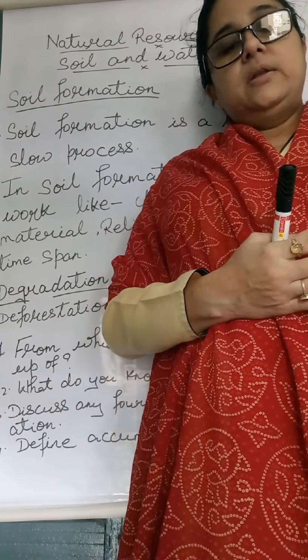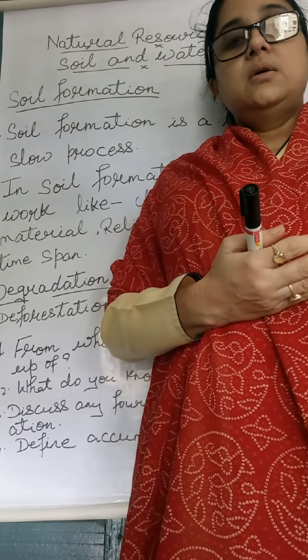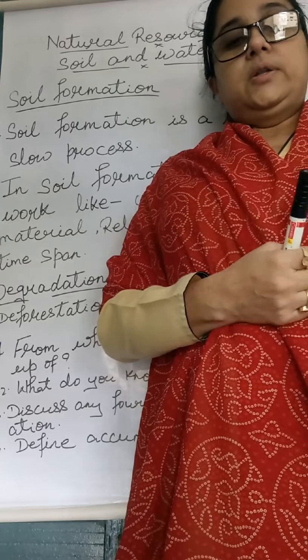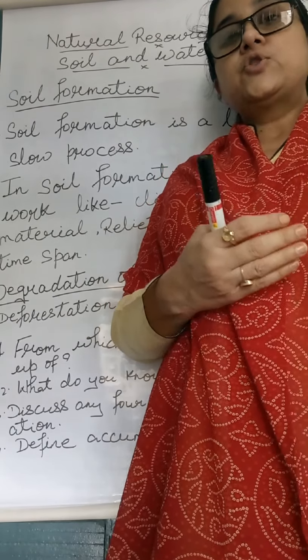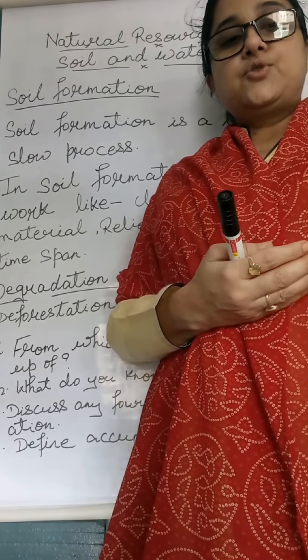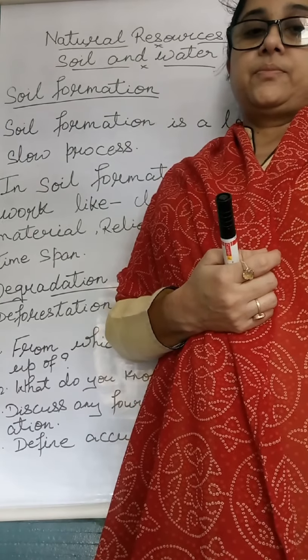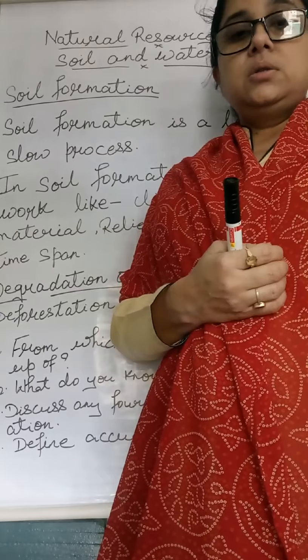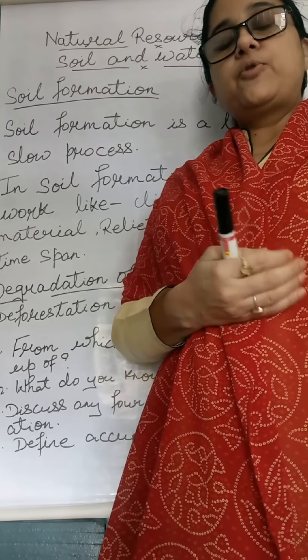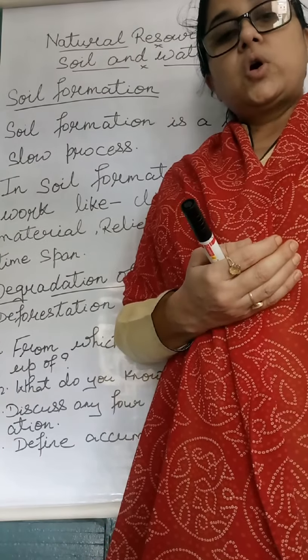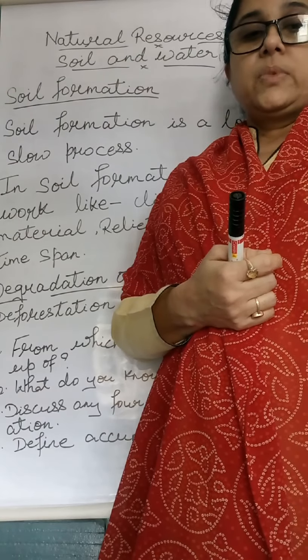The soil profile refers to the layers of soil. The formation of soil gives rise to soil layers in the soil profile. The horizontal layers of the soil profile are called soil horizons.